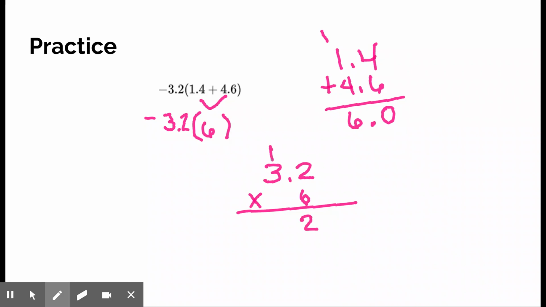Carry my 1. 6 times 3 is 18 plus 1 is 19. And you've got one number on the right side of the decimal. Even though there was a 0 over here, that doesn't mean anything. There's nothing over there. So let's just work with this 2 over here. So that means that I'm going to go over 1, and my decimal is going to go right here. This was a negative. A negative times a positive gives you a negative. So your answer would be negative 19.2.